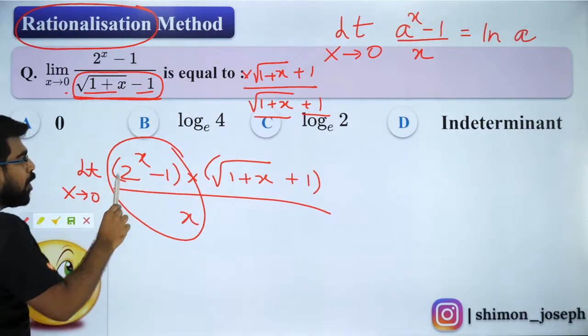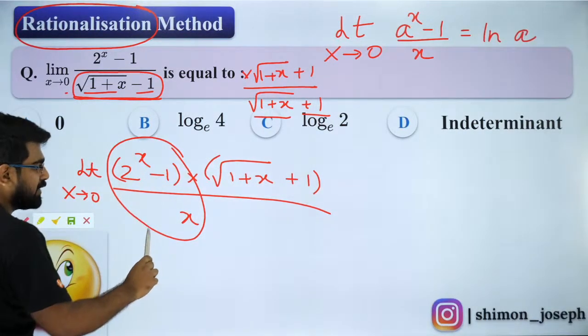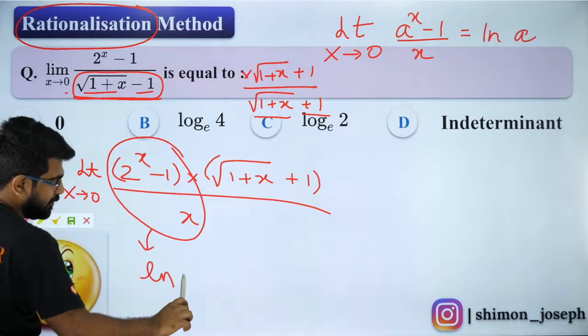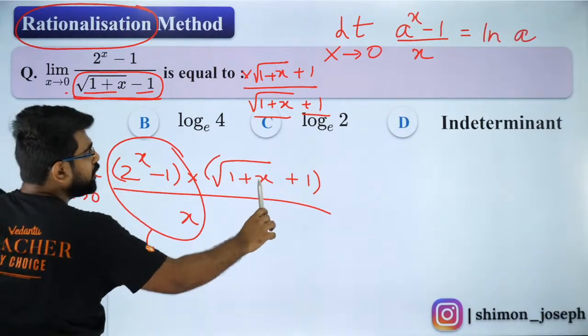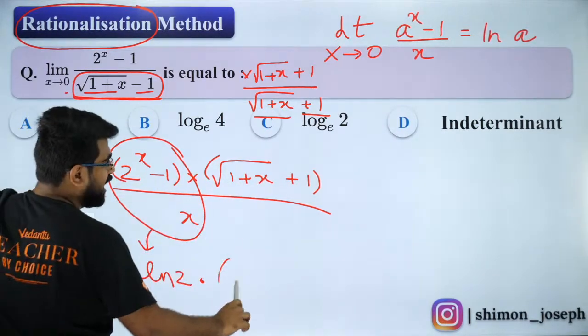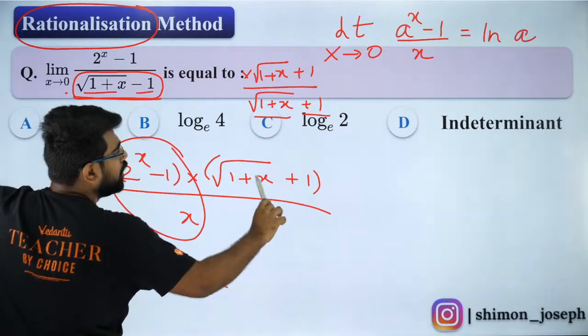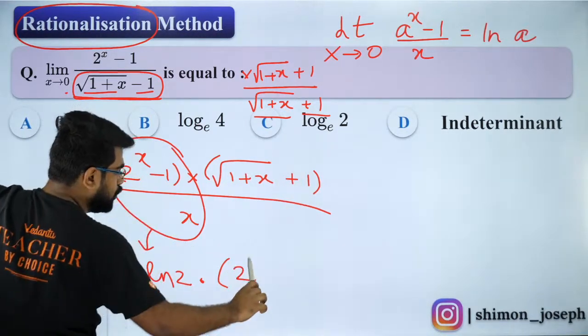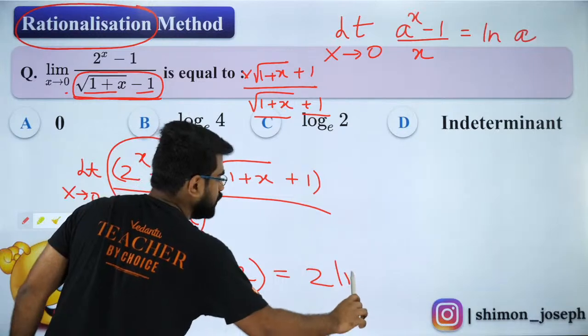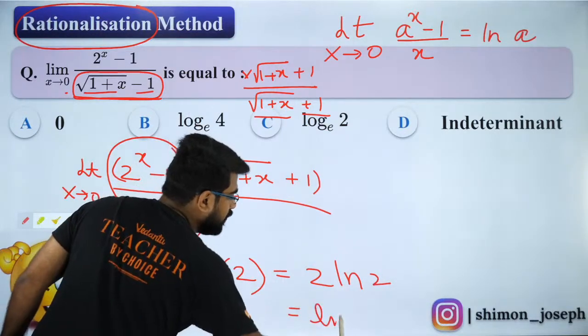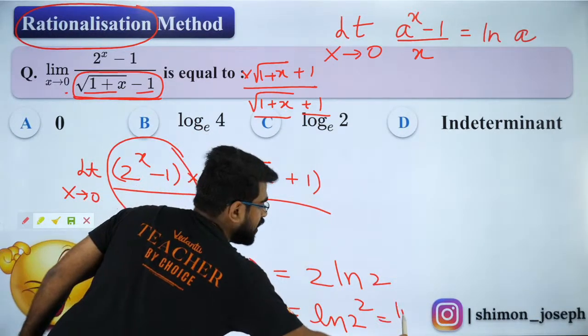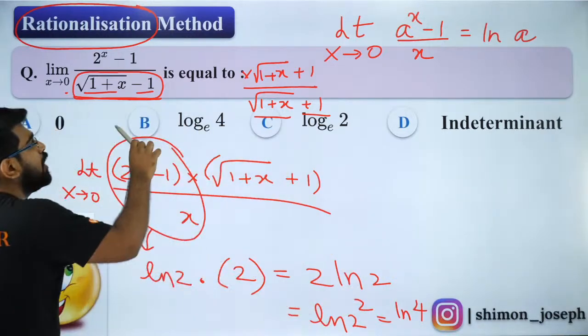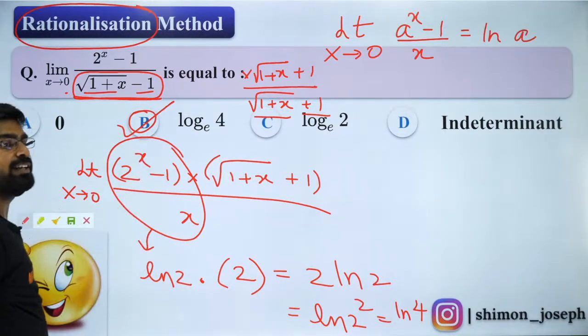Limit x tending to 0, (a to the power x minus 1) by x will be ln a, into, when I put x equal to 0, root of 1 plus 0, which is 1, plus 1, 2. So the answer is 2 ln 2, which is nothing but ln of 2 square, which is ln of 4. So the answer is option B, my dear kids. Did you like it?